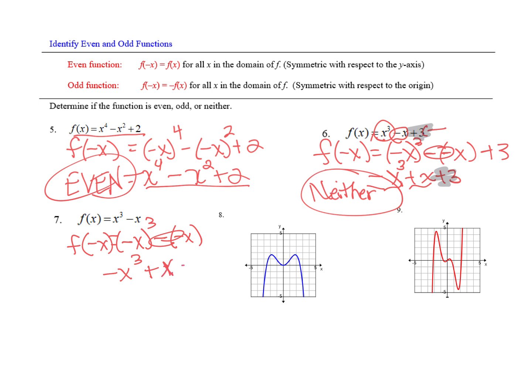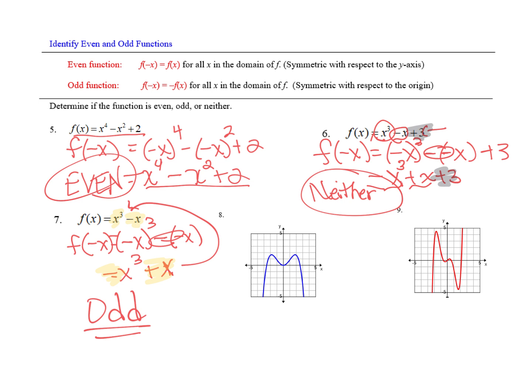And when I compare to my original function up here of x cubed minus x, negative x cubed plus x is the exact opposite. You can see that because x cubed here is positive, here it's negative. X here is negative, here it's positive. So they're exactly the opposite. So opposite means that they are odd functions.